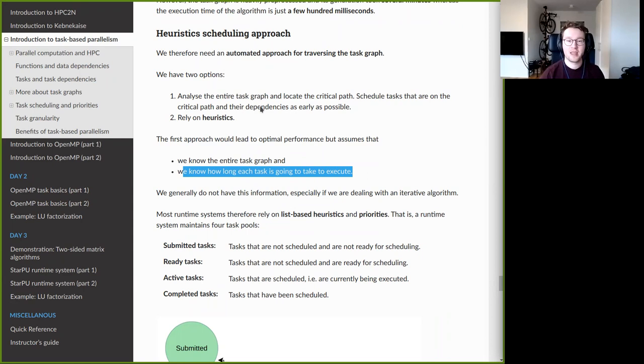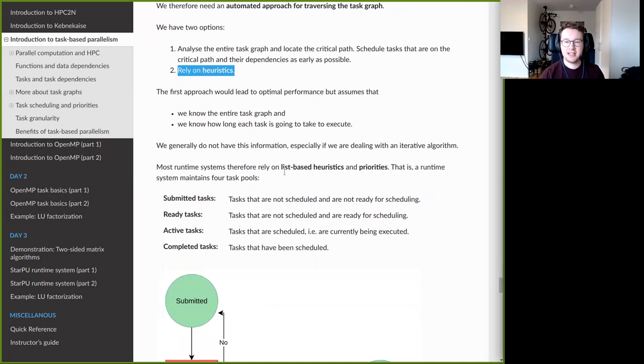Instead, what runtime systems do is rely on different kinds of heuristics that attempt to schedule the task graph in a close to optimal way, but they avoid the problems that come with the approach where you optimize the task graph explicitly. These heuristics are usually based on different kinds of list heuristics and priorities that come from the programmer.